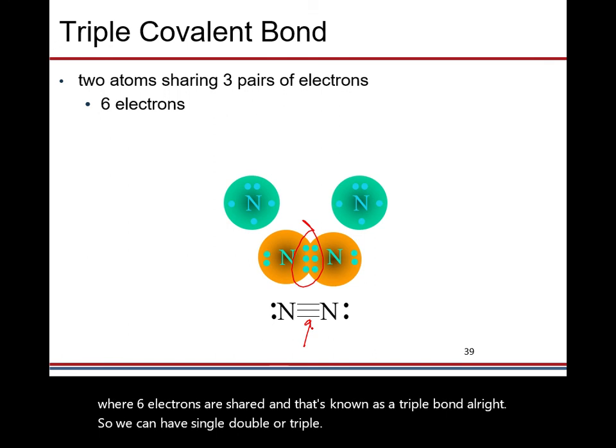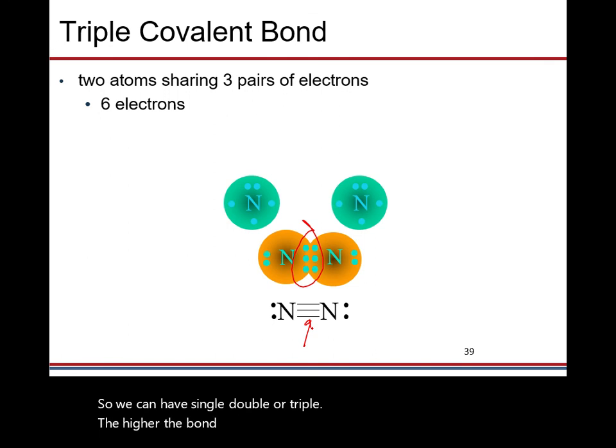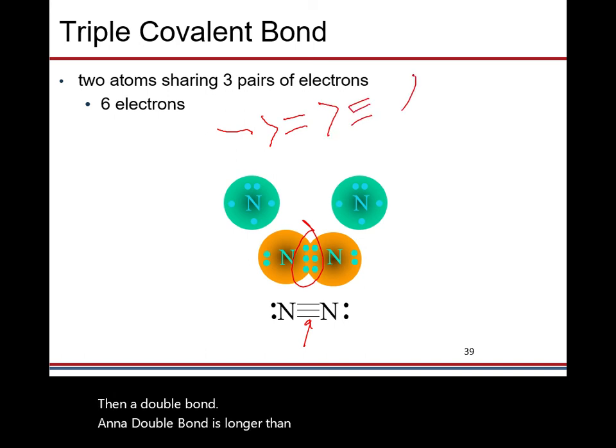The higher the bond multiplicity, the closer the atoms are to each other. So a single bond is longer than a double bond, and a double bond is longer than a triple bond. This is if we're talking about length.